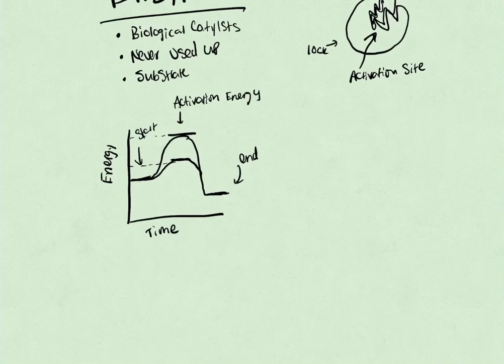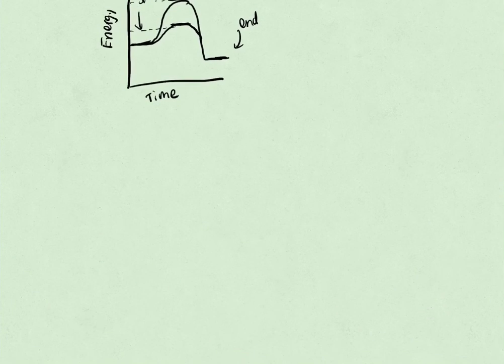Enzymes can also be denatured or damaged, and that happens if the temperature is too high, or if the environment of the body is too acidic or too basic.